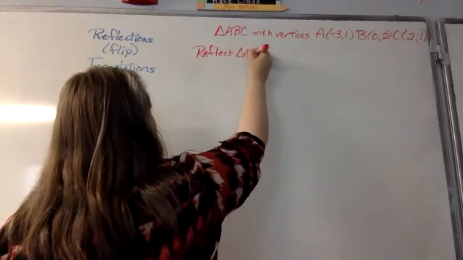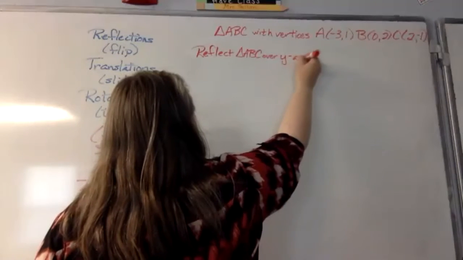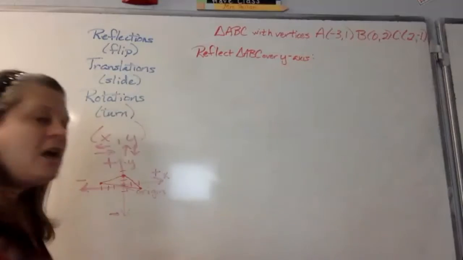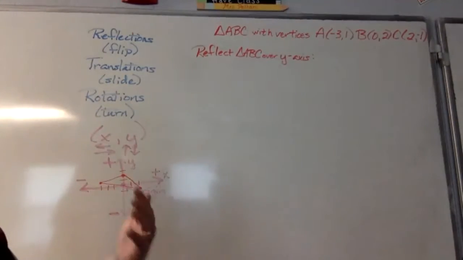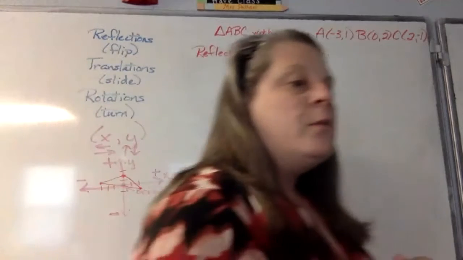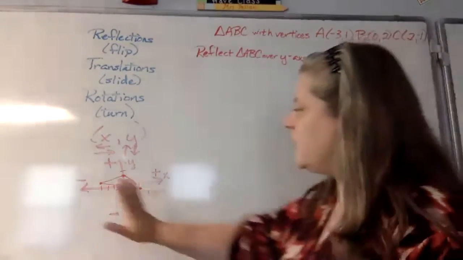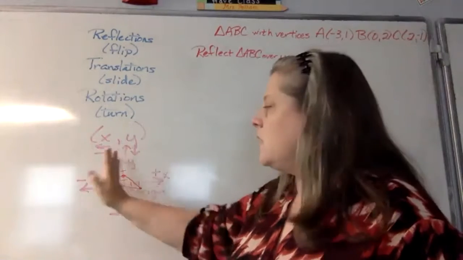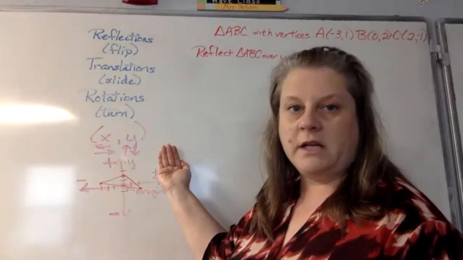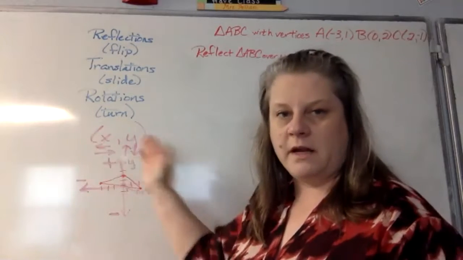So first of all, let's say we reflect triangle ABC over the y-axis. Okay, so you have to look at your notes for our rules and talk about reflecting over the y-axis. When we reflect it over the y-axis, that means if we're over here on the left, it's going to the right. So the y coordinate's not going to change because it's not moving up or down, it's going left to right.